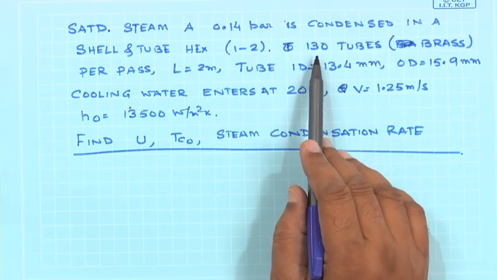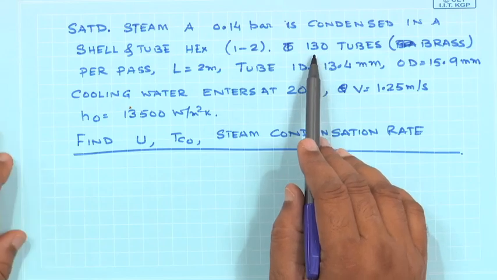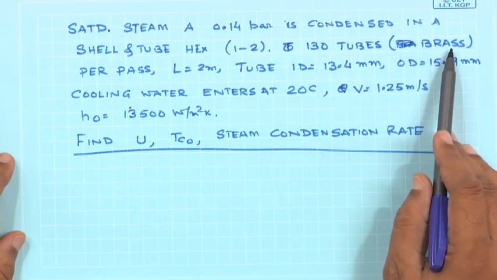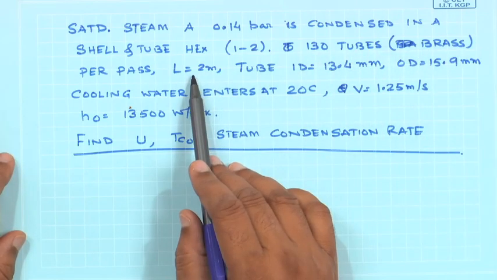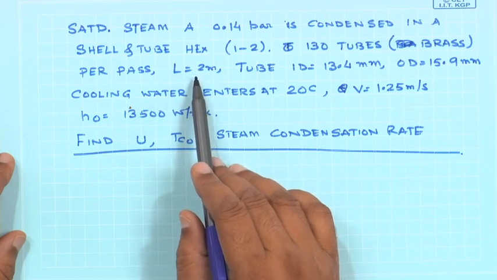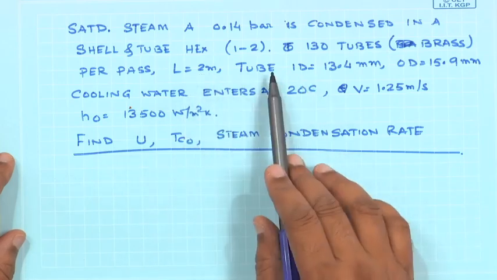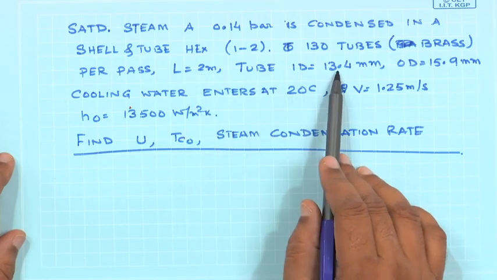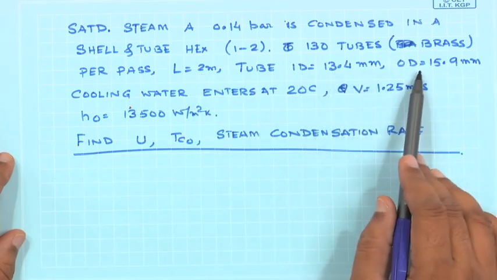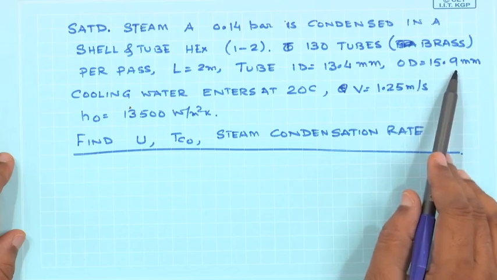Each tube pass would contain 130 tubes which are made of brass. The length of the tubes is 2 meters. The tube internal ID is 13.4 millimeter. The OD is 15.9 millimeter.